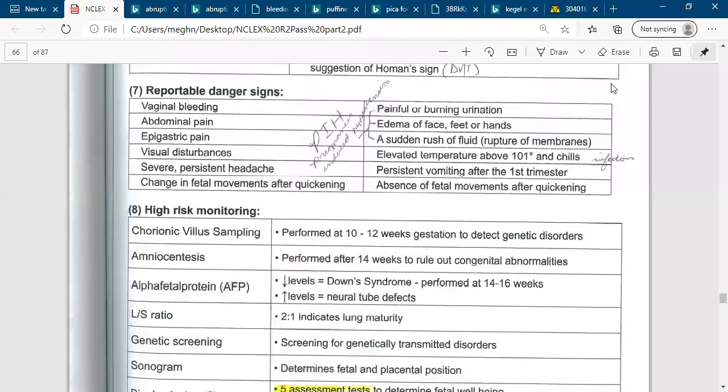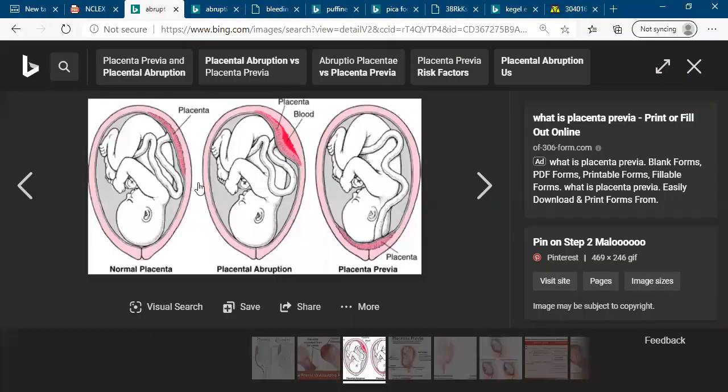When we are dealing with a pregnant mother, we have to tell them that if there is any sign like this, the mother has to contact the healthcare provider. First of all, any kind of vaginal bleeding. The most common causes are maybe abruptio placenta or placenta previa.